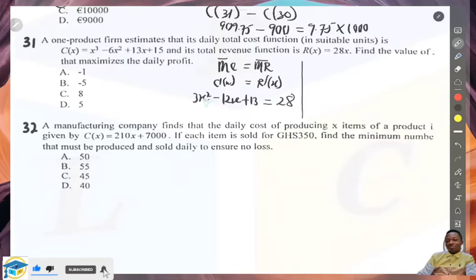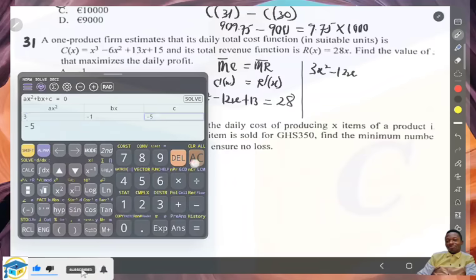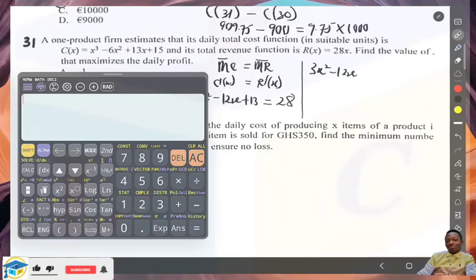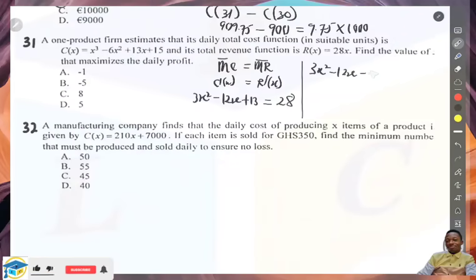Once you get to this stage, you will have 3x squared minus 12x, and then the 28 will join the 13. When you subtract, 13 minus 28, we are getting negative 15, and that should be equal to 0.